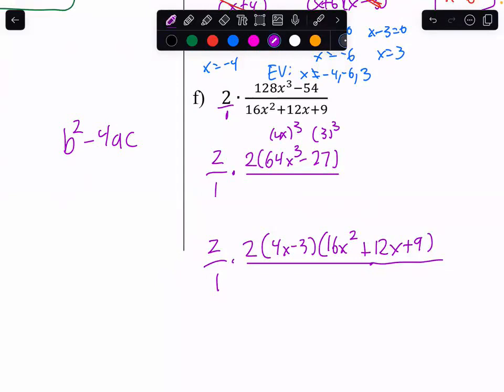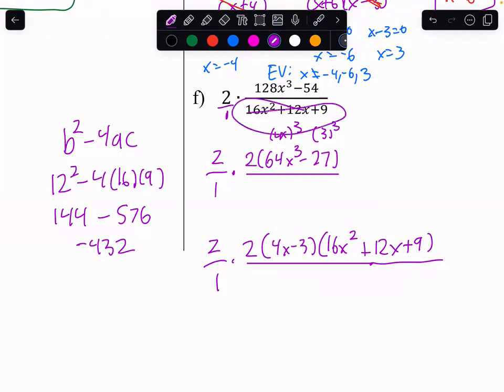So if you do b squared minus 4ac here, 36 times. Okay, so the discriminant is negative. So that means that there is no real roots to this. Okay, so that means it can't be factored. So just leave it as it is then, because it can't be factored.